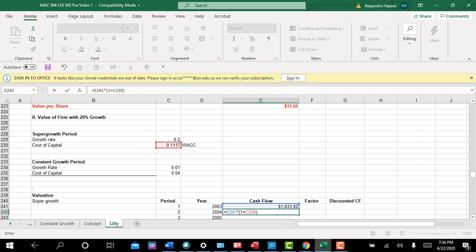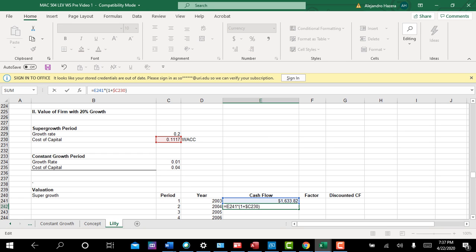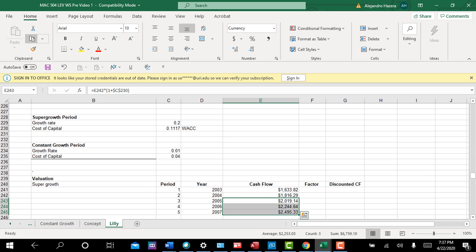That's 1861, and of course I'm going to put some dollar signs there to freeze the weighted average cost of capital. So right there are my cash flows growing, I believe, at 20%. I'm going to see if this is right.